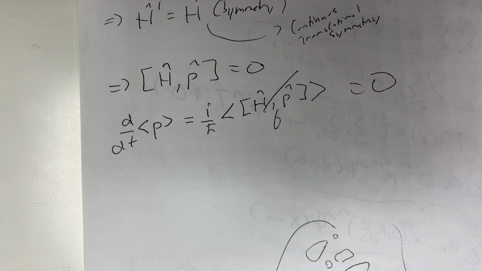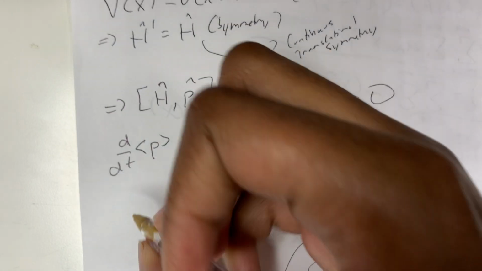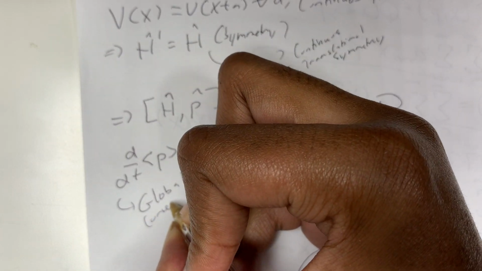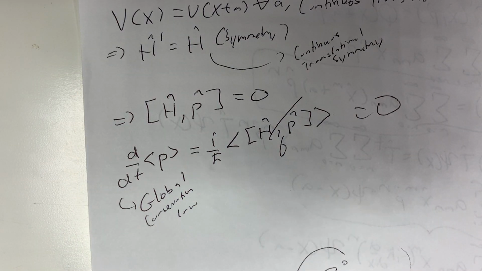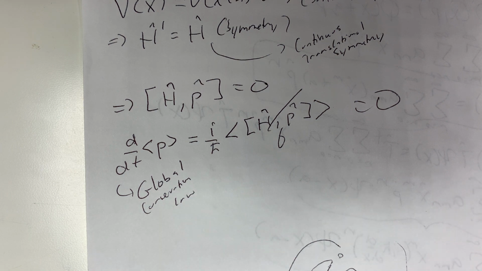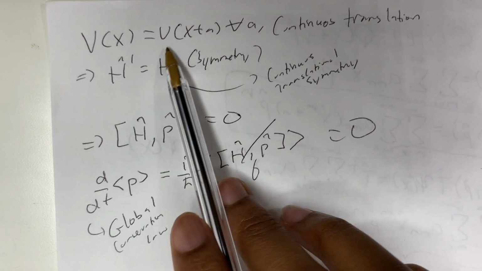So that's how. We also call this a global conservation law, because it means that the expectation value of the momentum is conserved for all x.